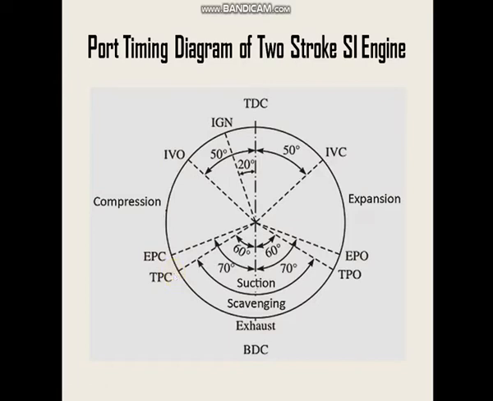That's why the transfer port will be closed first, about 60 degrees after BDC. With further movement of the piston, it covers the exhaust port. That's why the exhaust port will be closed, about 70 degrees after bottom dead center.